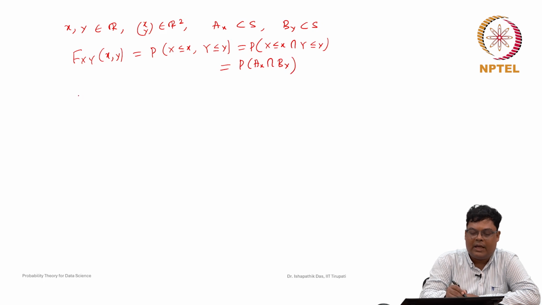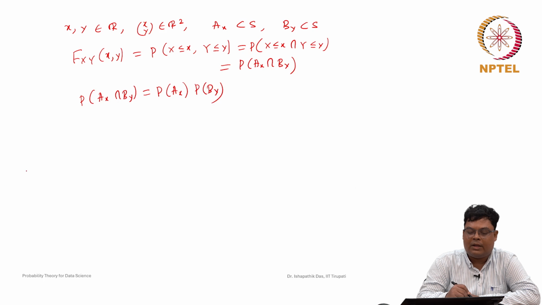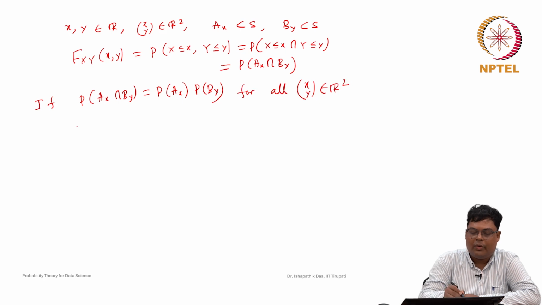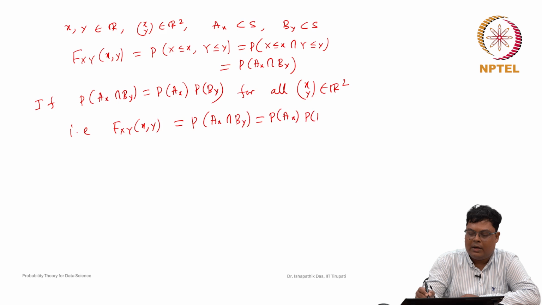So, you know that A and B will be independent if the probability of their intersection is nothing but the probability of A into the probability of B. So, now if it is true for all (x, y) belonging to R squared, that means F_XY(x, y) is nothing but the probability of A_x intersection B_y, which is the probability of A_x into the probability of B_y.